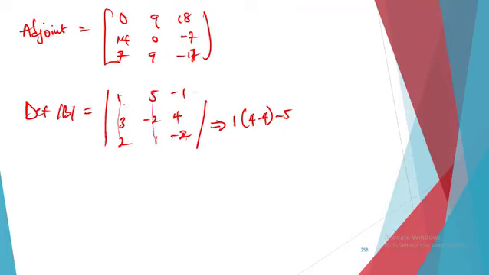Then for 5, we eliminate this. You have 3 times minus 2, which will give you minus 6, minus 4 times 2 is what? Is 8. Do you understand now?